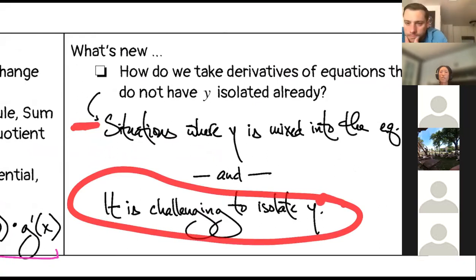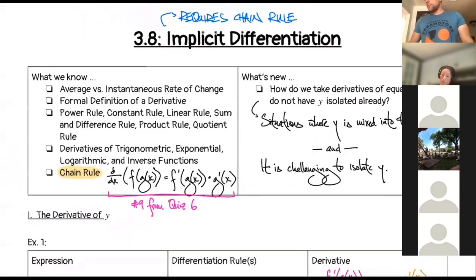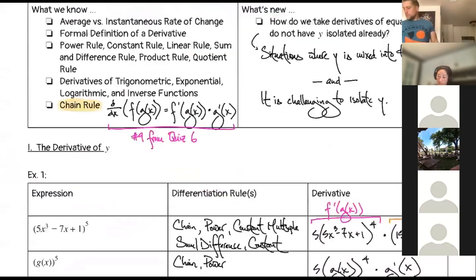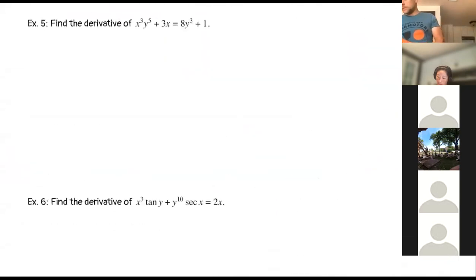It is challenging to get y by itself sometimes, okay? And that is the reality. So if it is challenging to get y by itself, we are going to use implicit differentiation, okay?